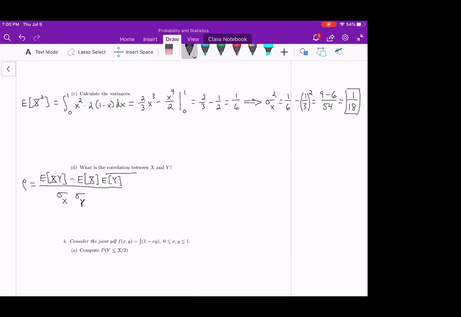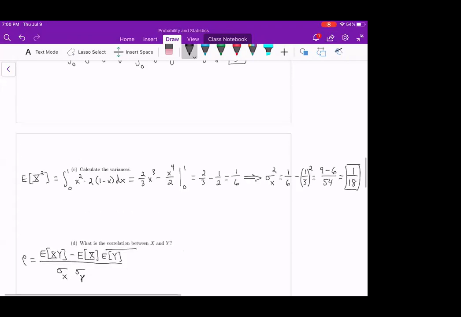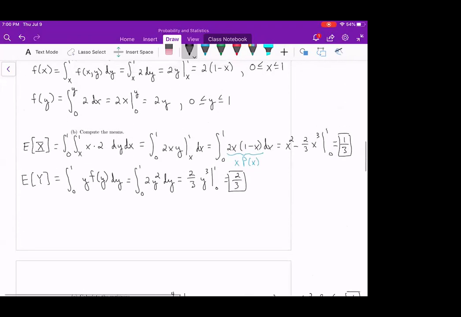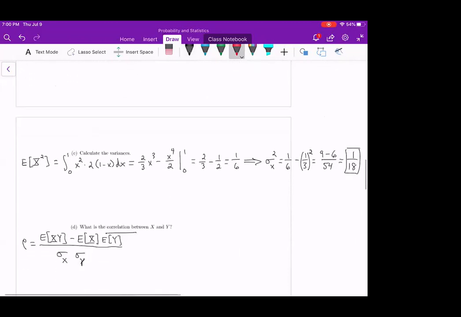And then the only really new thing that you've never done is the expected value of x times y. But that would be just like what we did here, except instead of having an x, you'd have an x times y times 2 inside this integral. So that's really the only difference there.